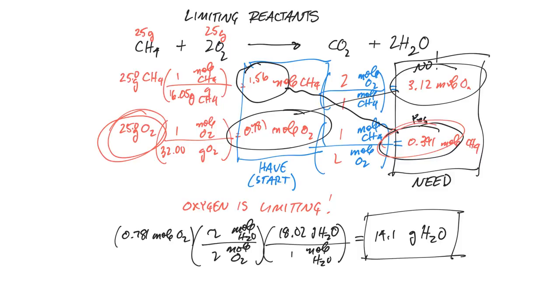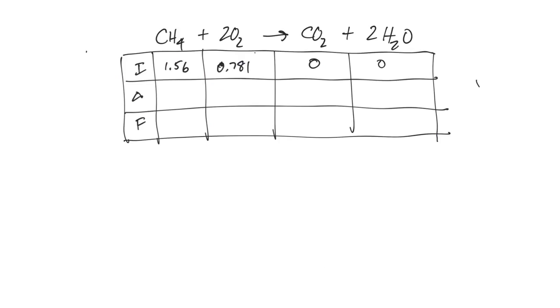Only one of them will run out, and by comparison, notice that I do not have enough oxygen to react all of my methane, but I do have enough methane to react all of my oxygen, therefore the oxygen runs out. That makes it limiting. Notice that I can then use that number to predict the result, because that's what I mean by limiting reactants. That's how I have to go to prove how much result I get.